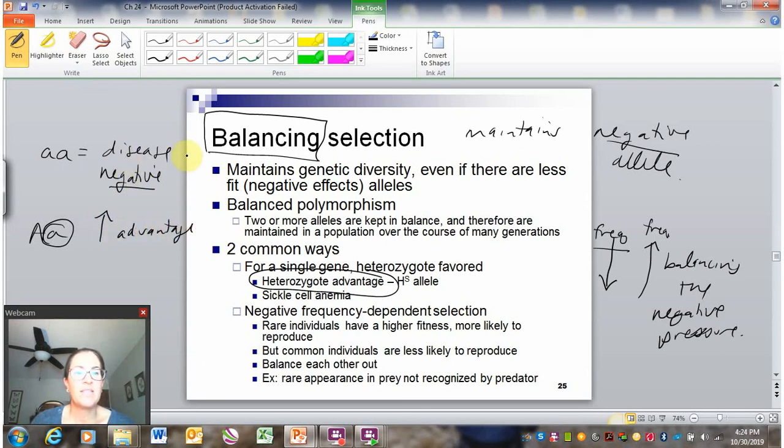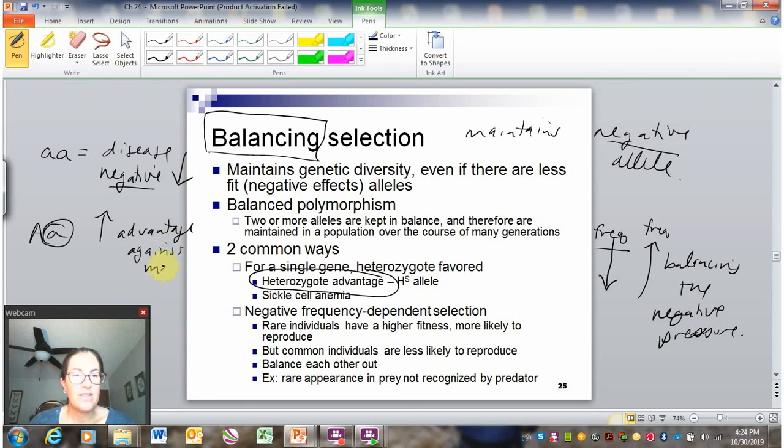So the disease being super negative is that negative pressure, but the heterozygote having an advantage is pushing that frequency back up. And so you see the sickle cell allele being maintained at a higher level than you would otherwise predict. You would normally expect it to be super low, but the heterozygote advantage pushes it back up. And that advantage, by the way, is in malaria.